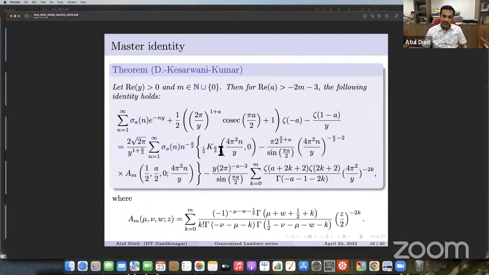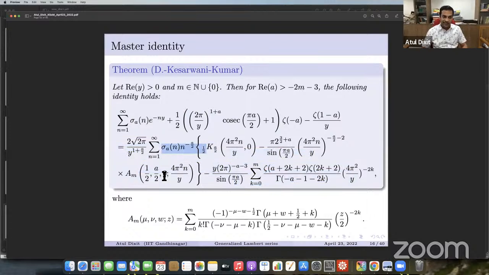But then I notice that, because I have subtracted m plus 1 many terms from the asymptotic expansion of this as n tends to infinity, now this series converges in a much wider region, real part of A greater than -2m-3. And the rest of the expressions here are also analytic.